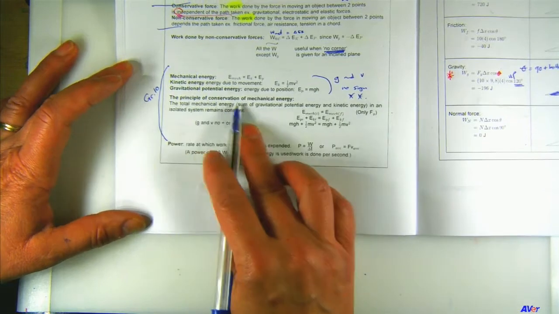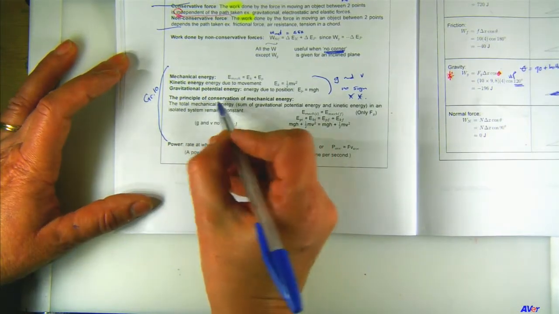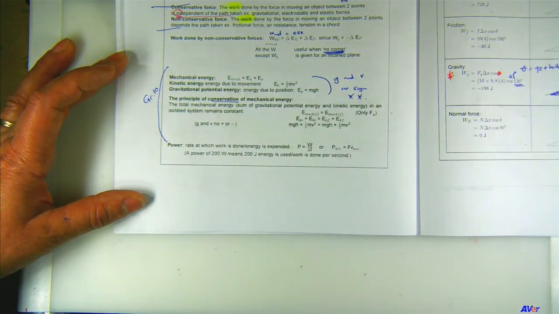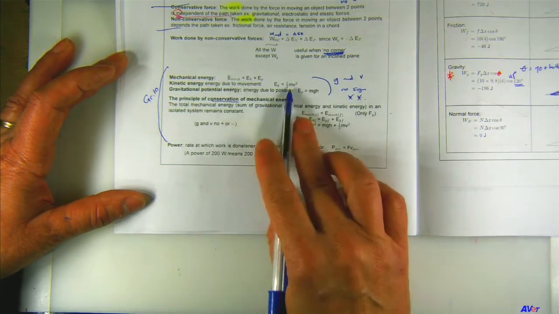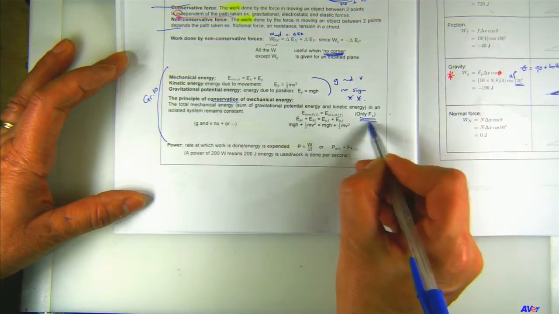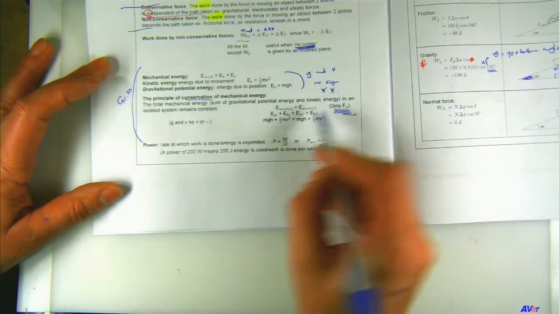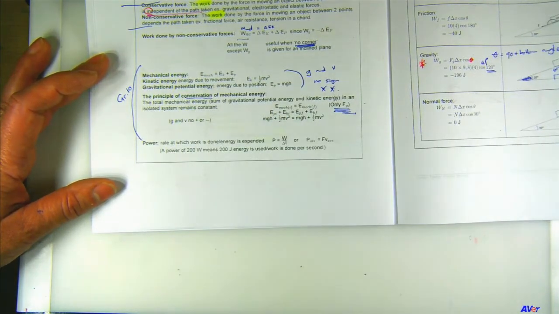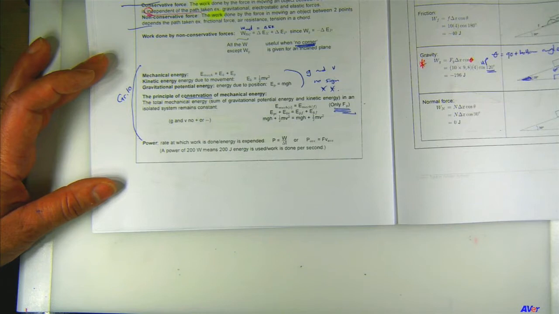Right, then we get to the principle of conservation of mechanical energy. Now we said gravity is a conservative force. What does it conserve? It actually conserves mechanical energy. So if gravity is your only force, then the mechanical energy at the start and the mechanical energy at the end will be the same. There's no change in mechanical energy.